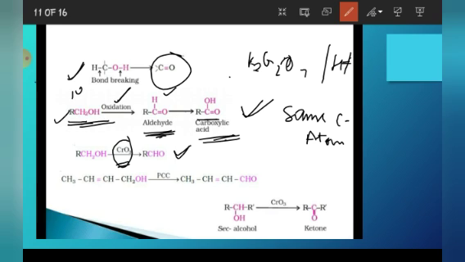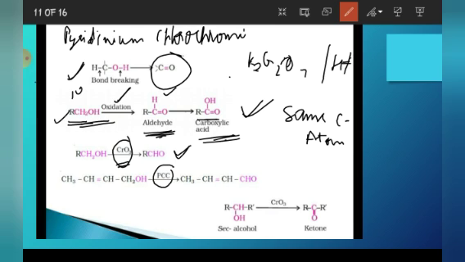Now PCC is written in the third reaction. PCC stands for pyridinium chlorochromate. Again, a very important reagent, and it is given in NCERT. Again, the alcohol is a 1 degree alcohol, and the final product is still aldehyde.